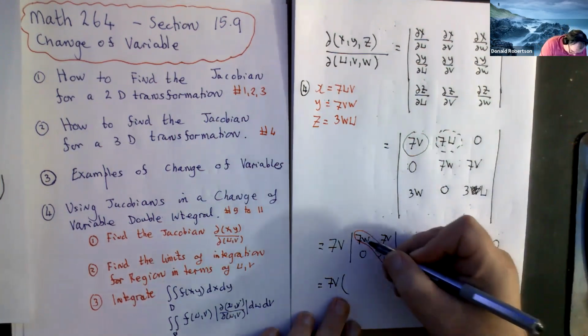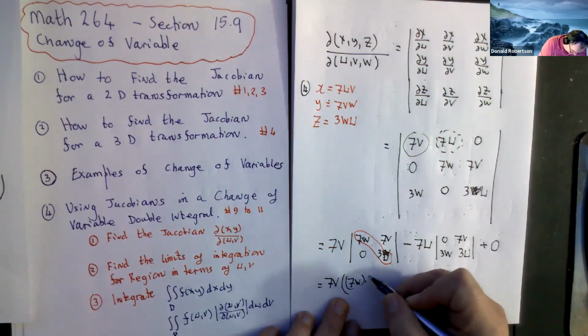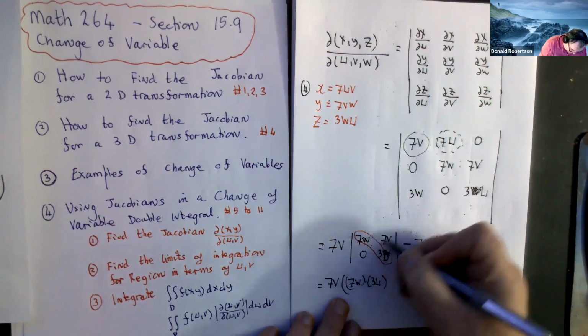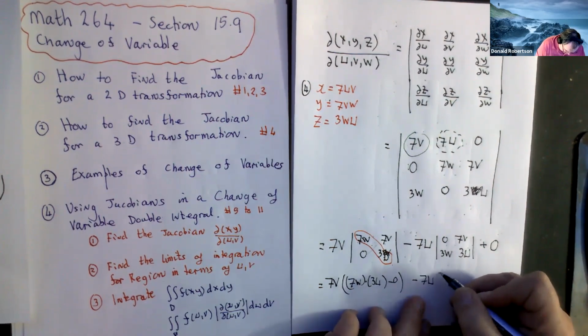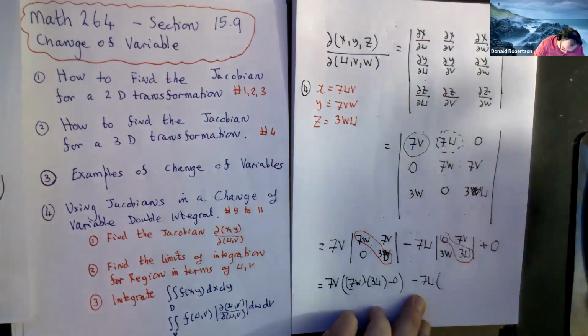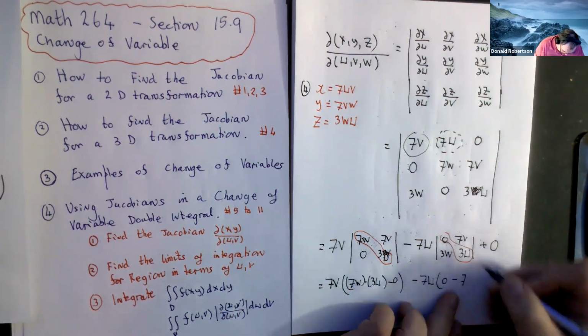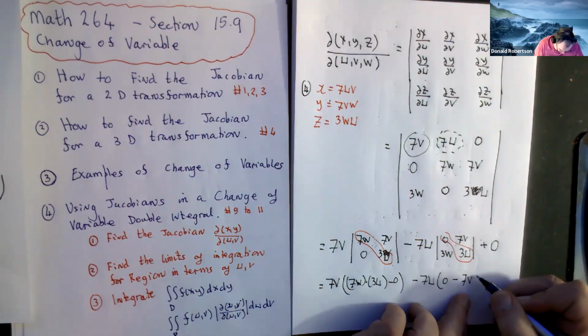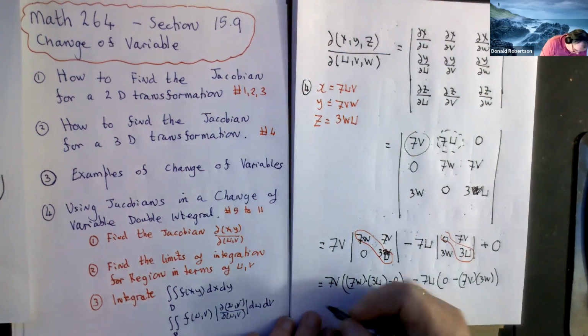So it's going to be this guy times this guy, 7w times 3u, minus nothing. Take away 7u. Major diagonal is 0. Take away minor diagonal, 7v, 3w. And let's see what we get.